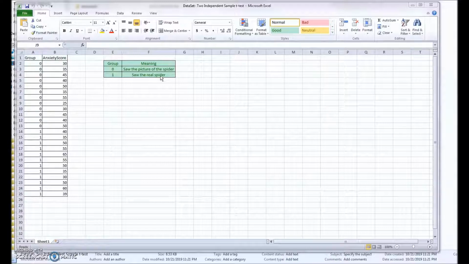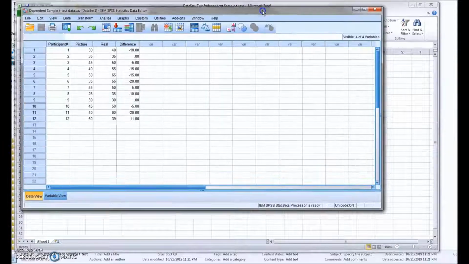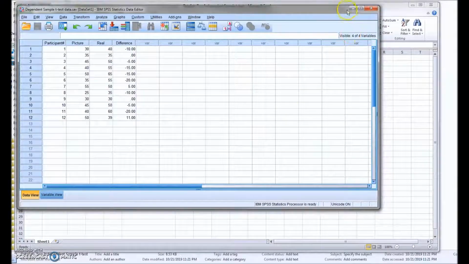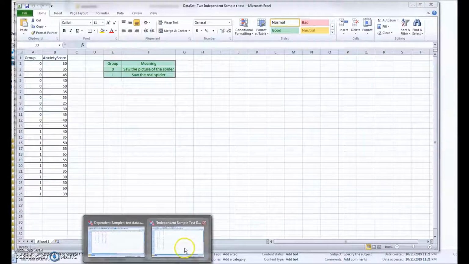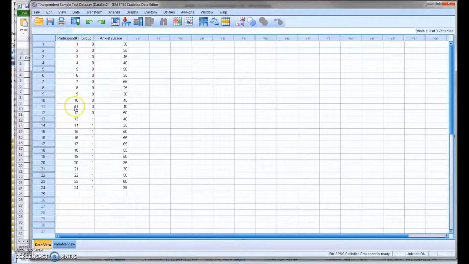And then, let's say, we go back to our data. If we go back to the data, participant 15 was in the group that saw the real spider, and this was the anxiety score. So the grouping, 0 or 1, represents the group that they belong to.